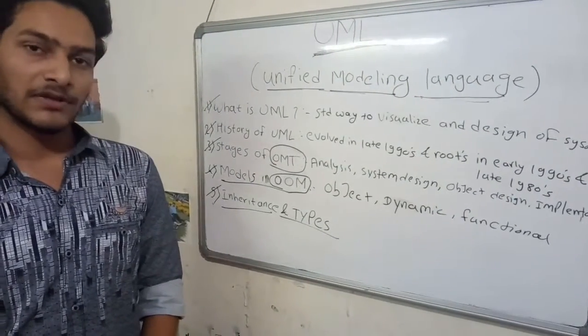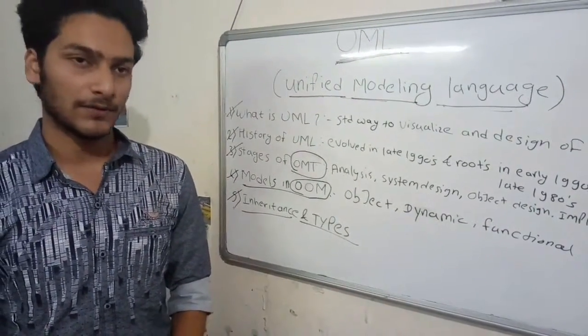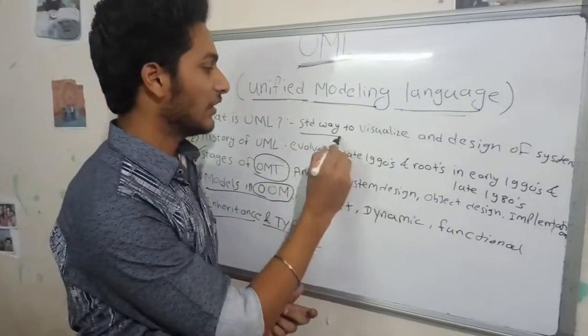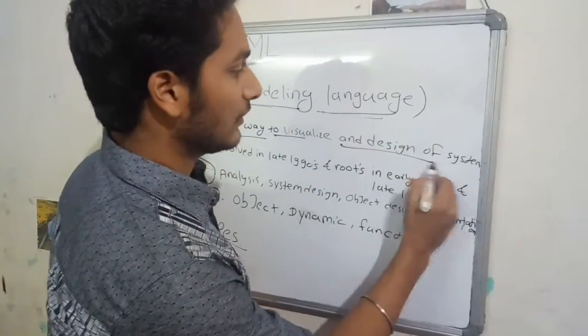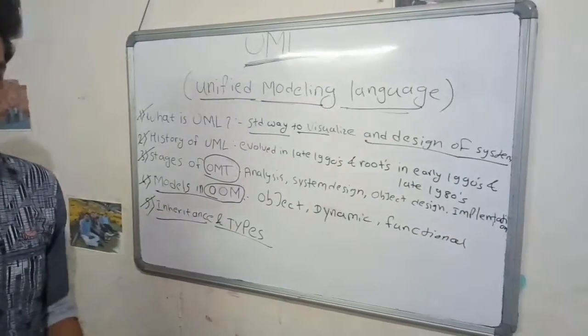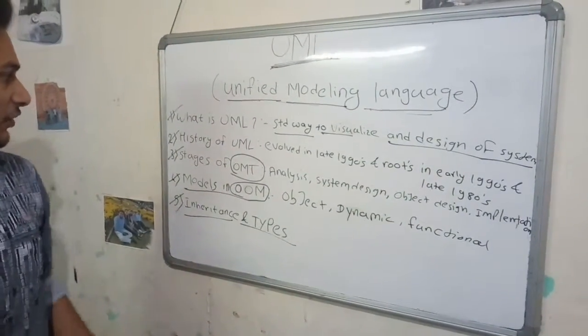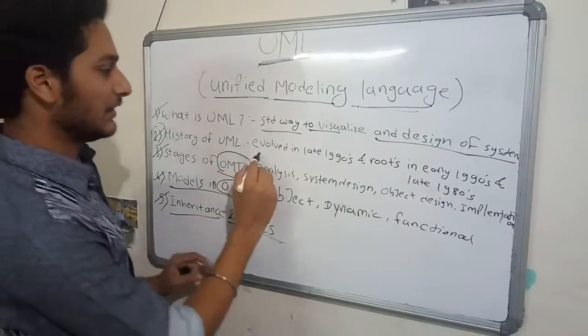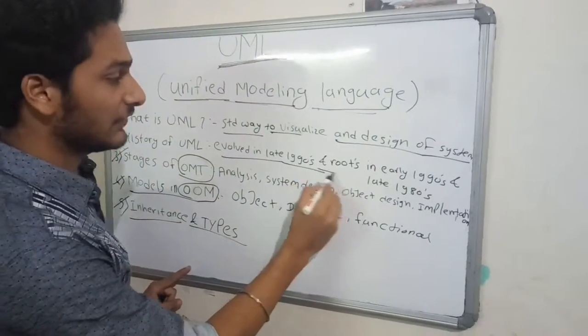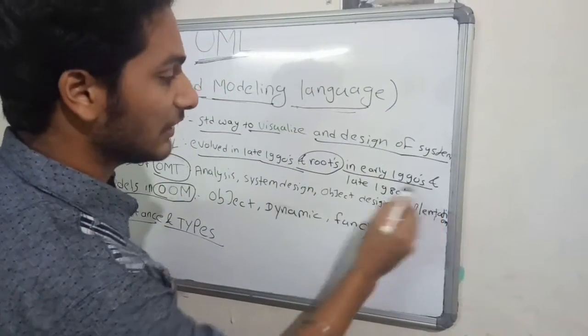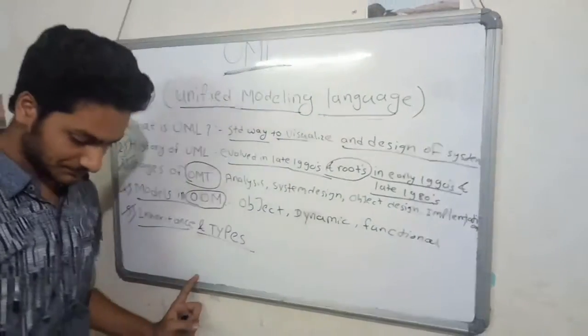UML is a basic language in the field of software, and it is a standard way to visualize and design systems. UML evolved in the late 1990s and has its roots in the early 1990s and late 1980s.